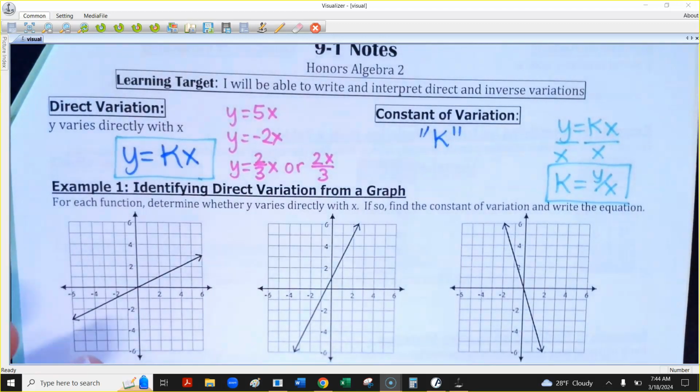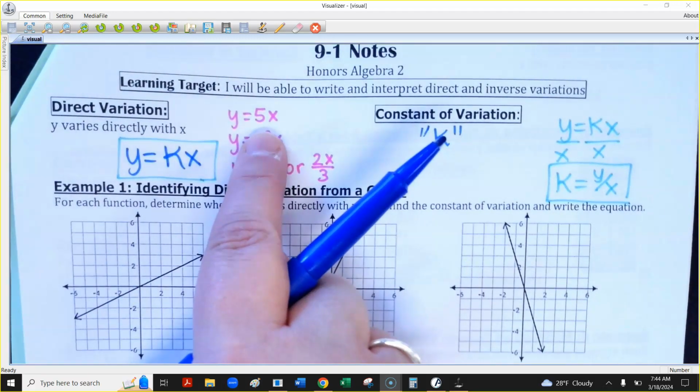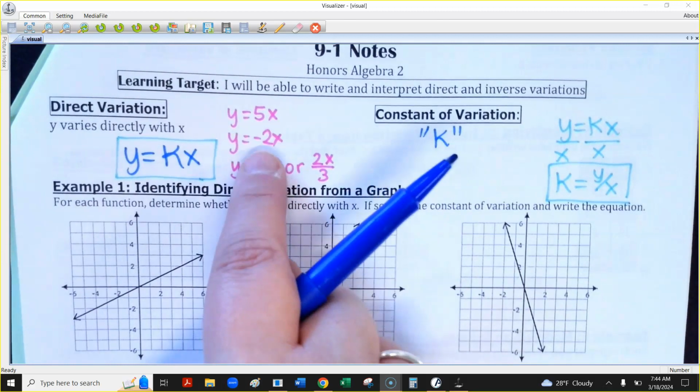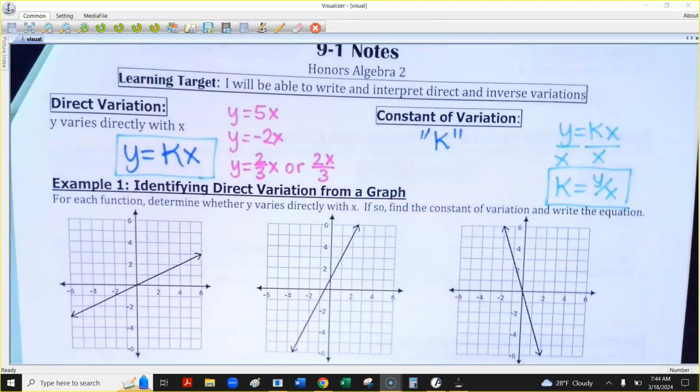Okay, now one other thing that I'm going to jot down before we look at these graphs. If you graphed y equals 5x, or y equals negative 2x, or y equals 2/3 x, all 3 of those examples, what would the y-intercept be? It's the same for all 3. If you were graphing mx plus b, where would you start that graph?